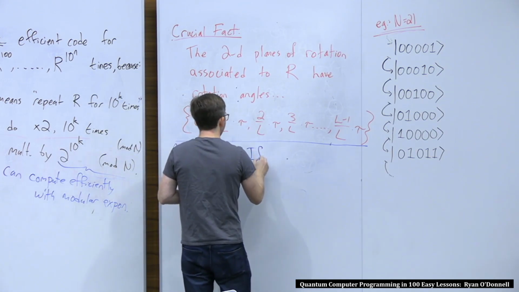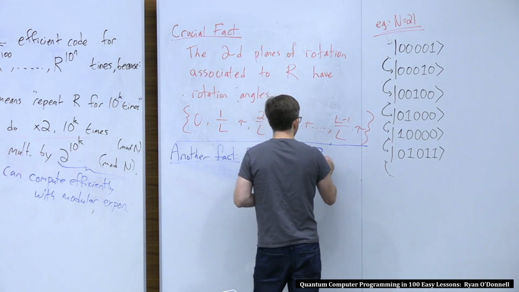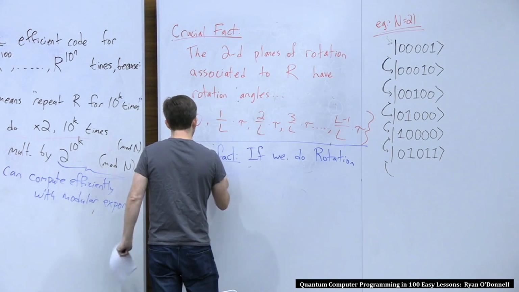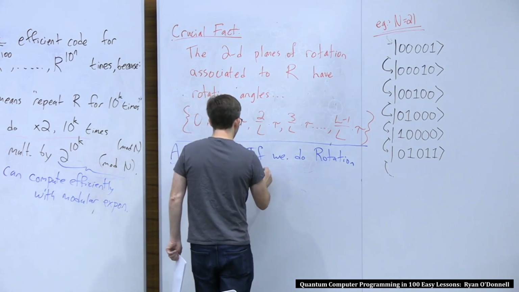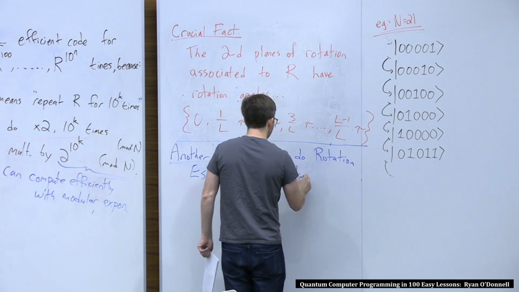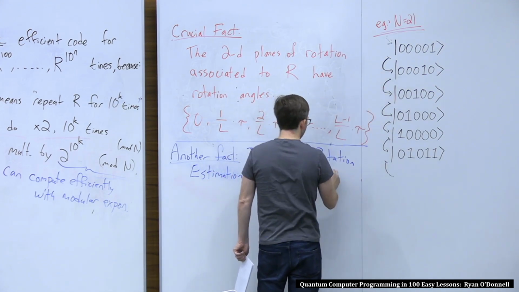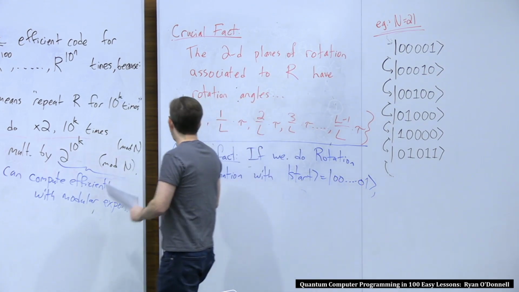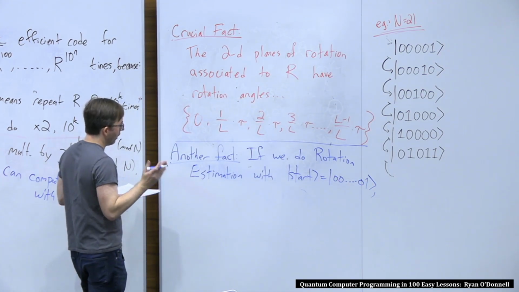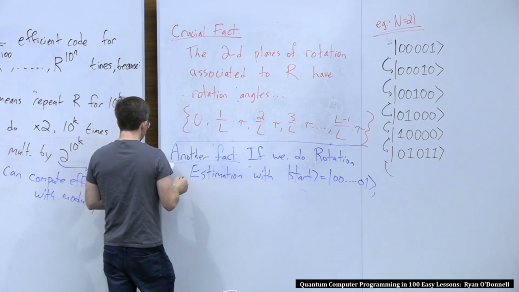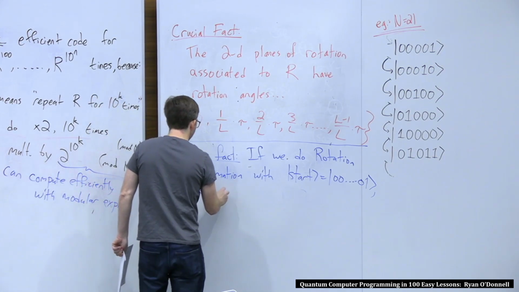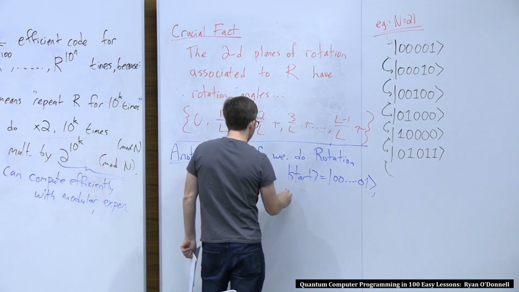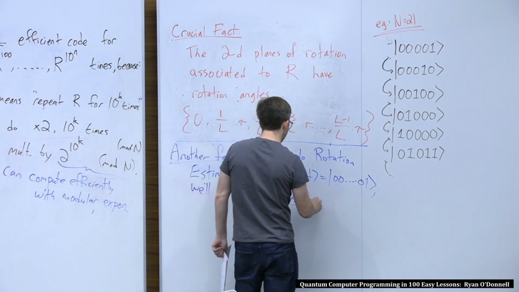If we do rotation estimation with qubits in the starting state, which is just the one corresponding to the binary encoding of 1, it turns out, and we'll prove this next time, that we'll get an excellent estimation of a uniformly random one of those angles.